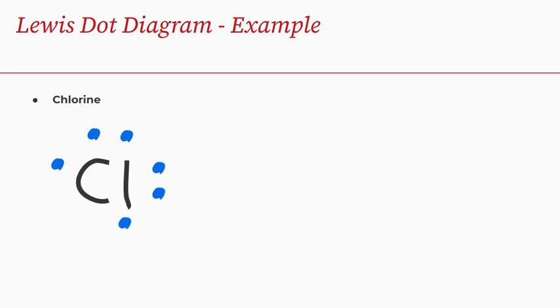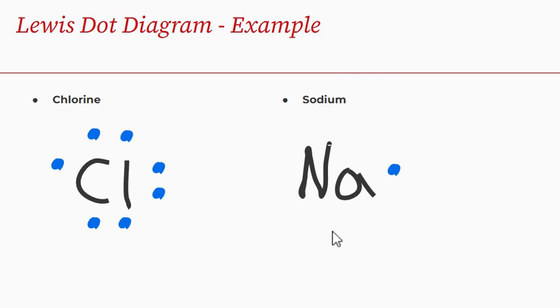Then we do 5, 6, 7. And that is the Lewis dot diagram for chlorine. Another example, let's do sodium. The symbol for sodium is Na, and sodium has 1 valence electron. So you would just put 1, like that.